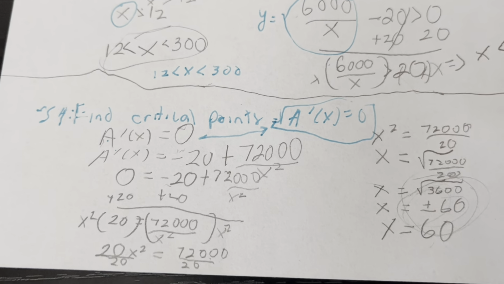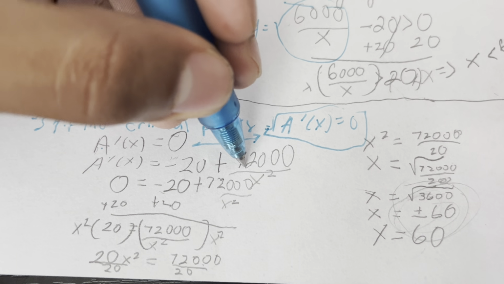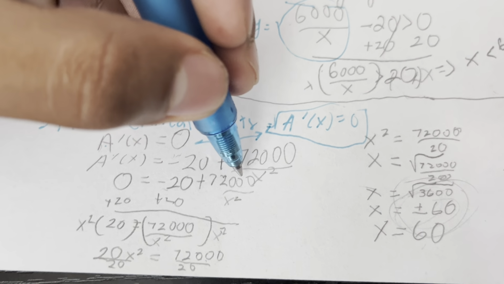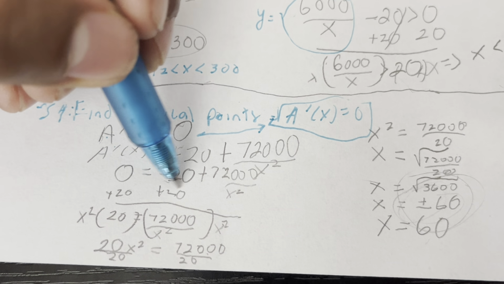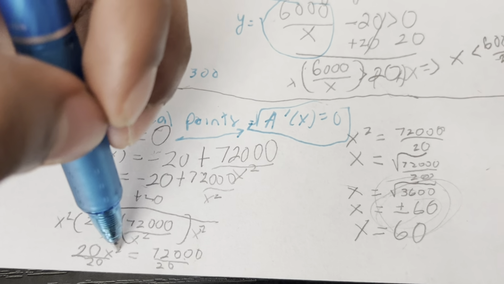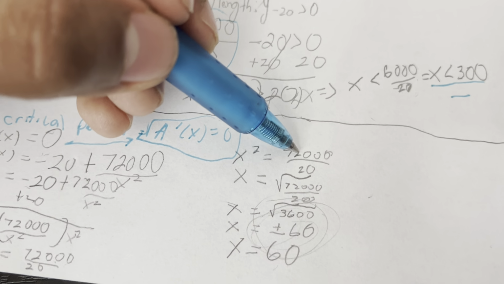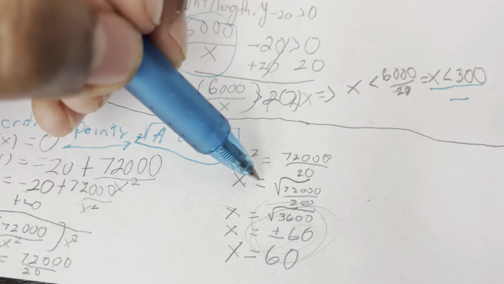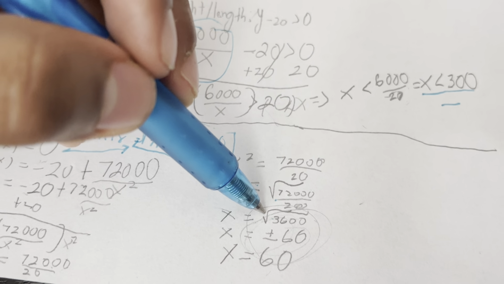A constant is 0, negative 20x is negative 20, plus 72,000 divided by x squared. Then we simplify, and we get x squared equals 72,000 divided by 20, so x is the square root of 3,600.